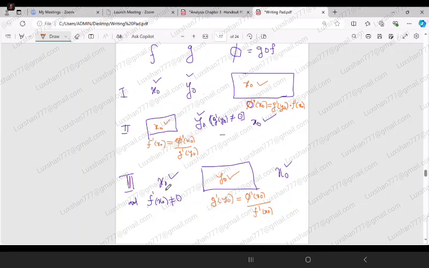We are taking f is differentiable at x naught, but f dash x naught is not equal to 0. Phi is differentiable at x naught. Then you can say that g is differentiable at y naught, and g dash y naught will be equal to this one. Do you understand, guys? Do you understand this? Hello, do you understand?